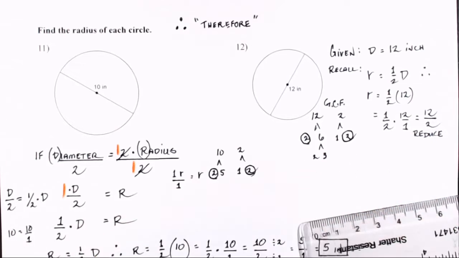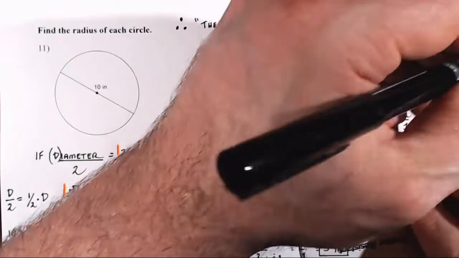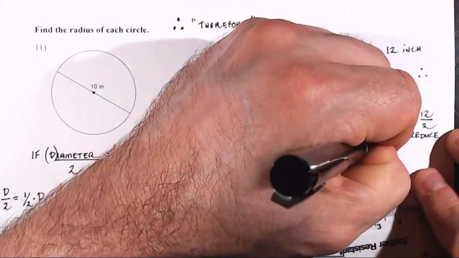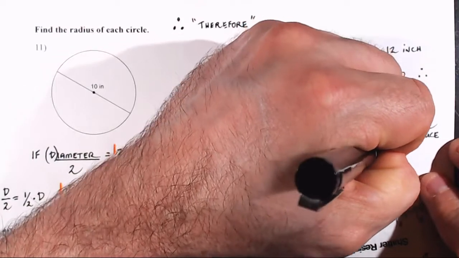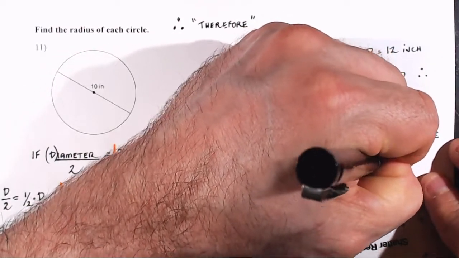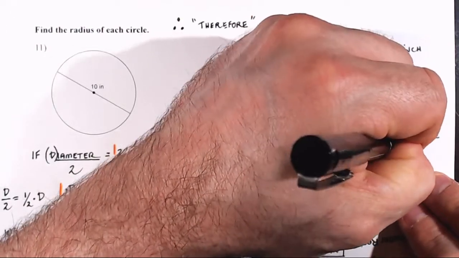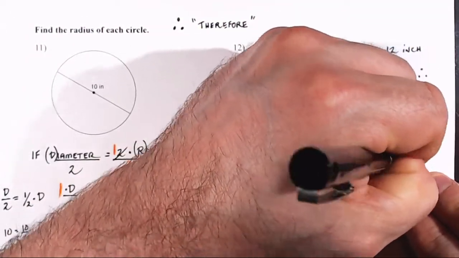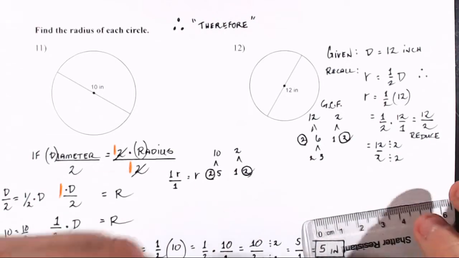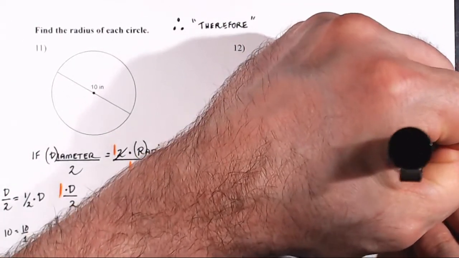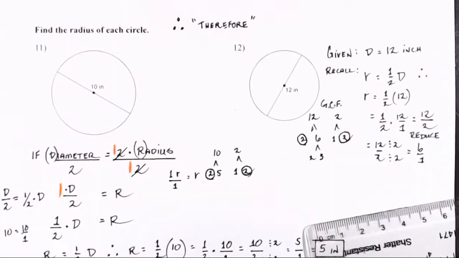What that means is I'm going to reduce my fraction by dividing both the numerator and the denominator by 2. So 12 over 2, and then I will divide the numerator by 2 and the denominator by 2. And this is going to equal 6 over 1.